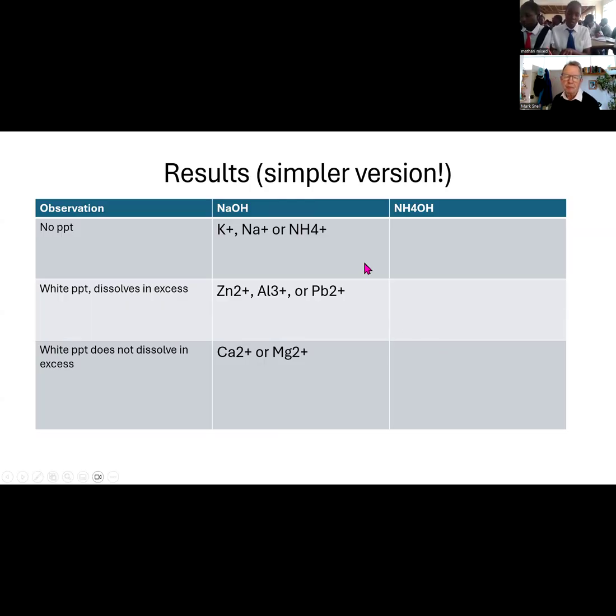Here they are. No precipitate, group 1 or ammonium. White precipitate which does not dissolve, group 2. White precipitate dissolves, ZAP. In ammonium, slightly different.